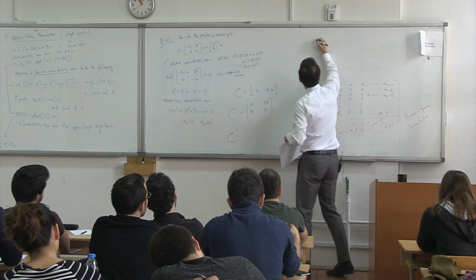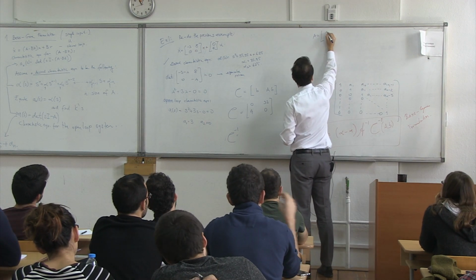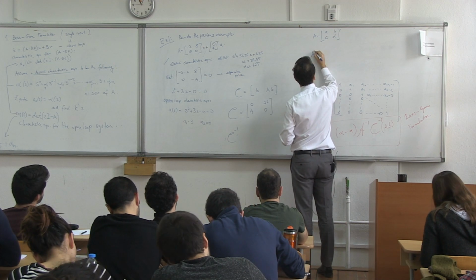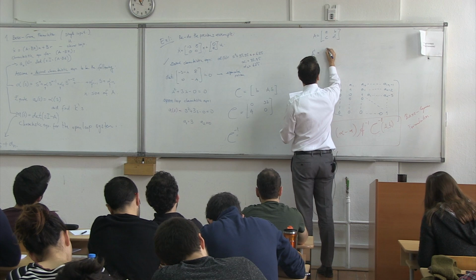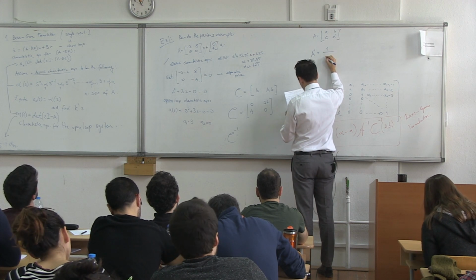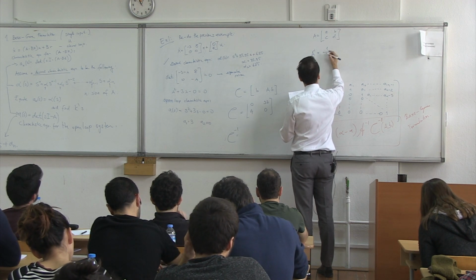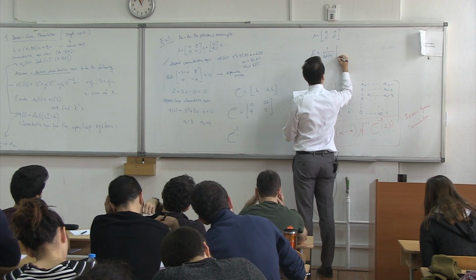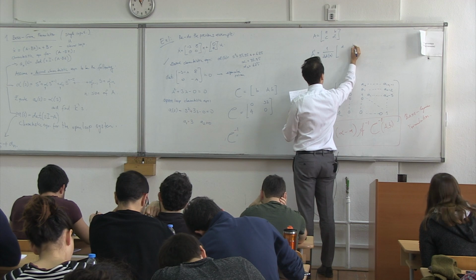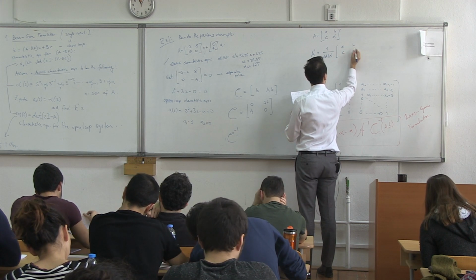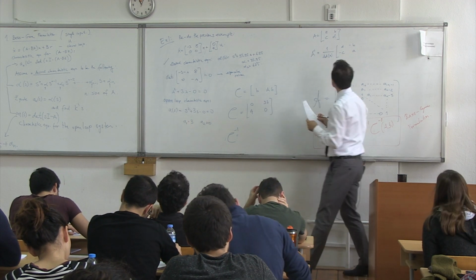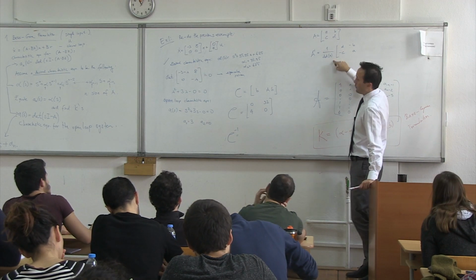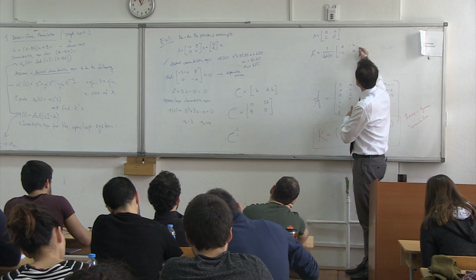Let me write it down. If you had a matrix that looks like this, A, B, C, D, the inverse will be 1 divided by the determinant of A times D, B, C, A minus. I mean, this is how I remember it. It's 1 over determinant A. Oh, sorry.